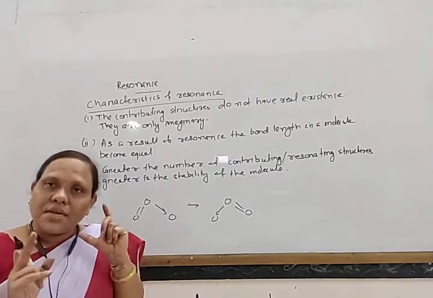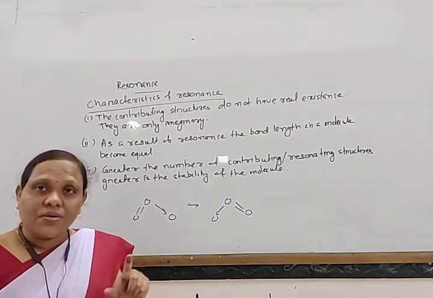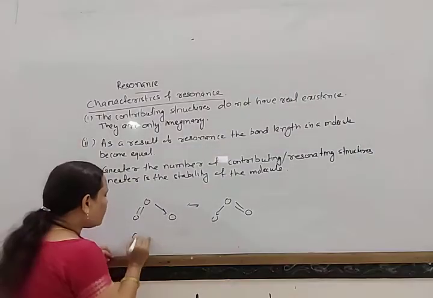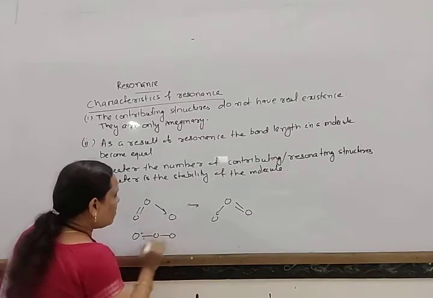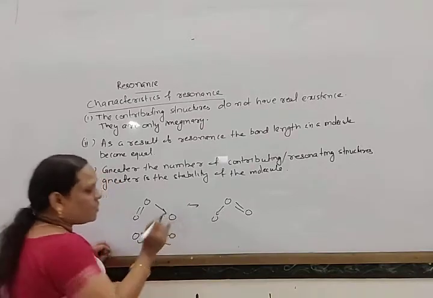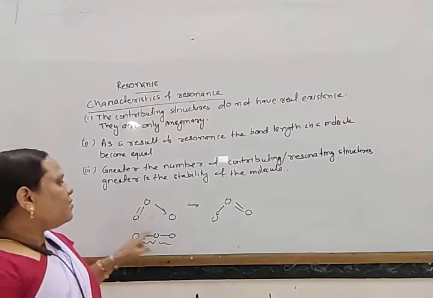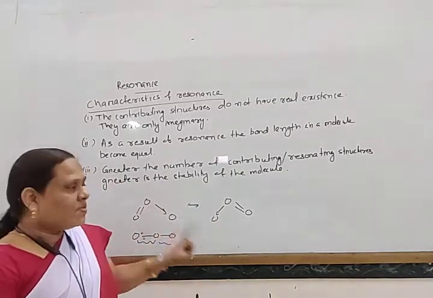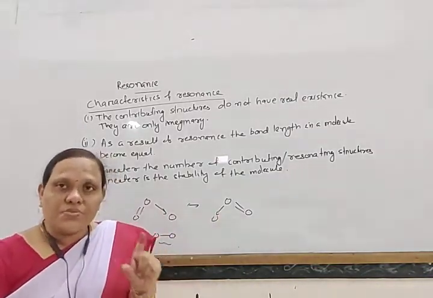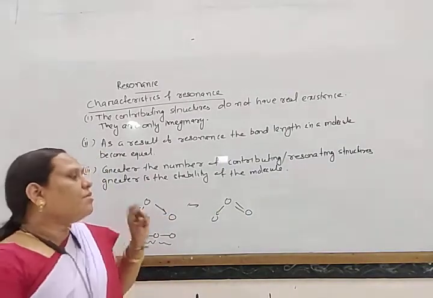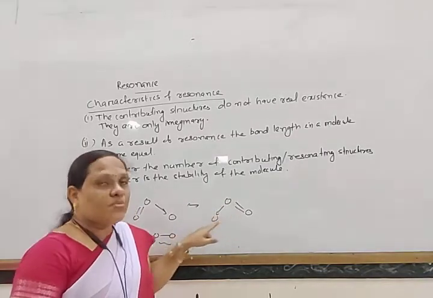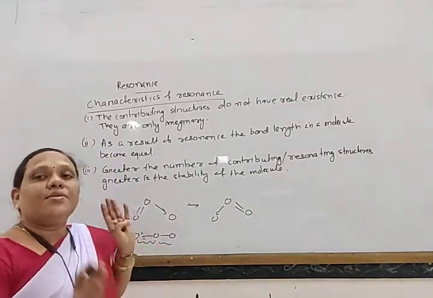It is found from X-ray diffraction that this bond length and this bond length are equal. Due to resonance, only this is possible. If this were a double bond, the bond length should be short. If this were a single bond, the bond length would be long. But actually, the bond lengths in both cases are equal. And why is this so?